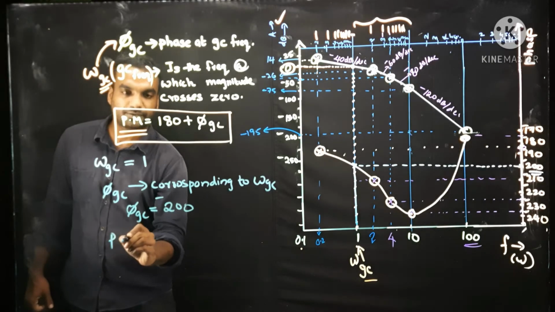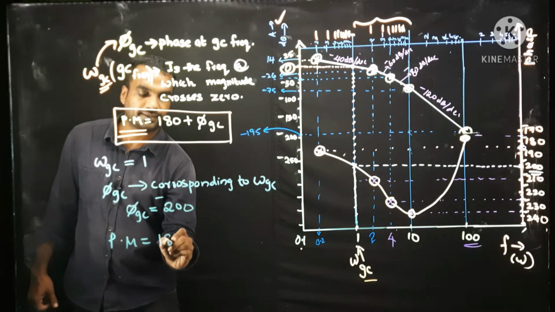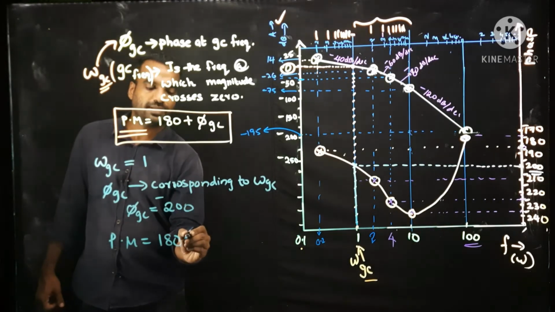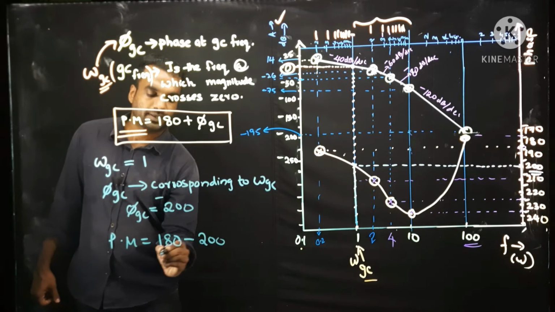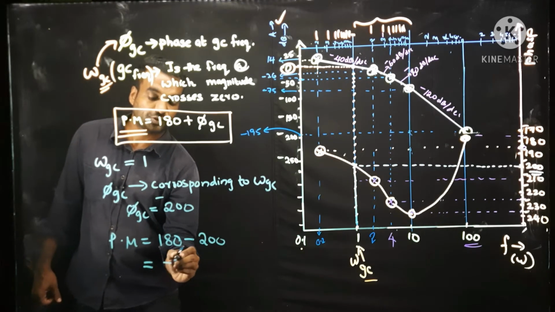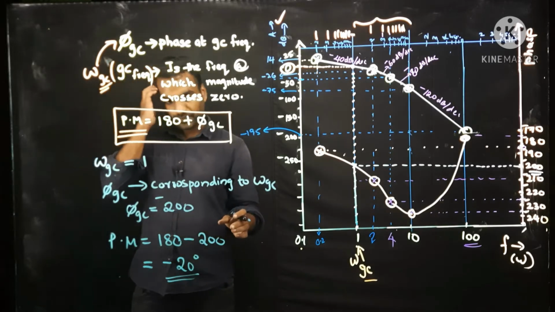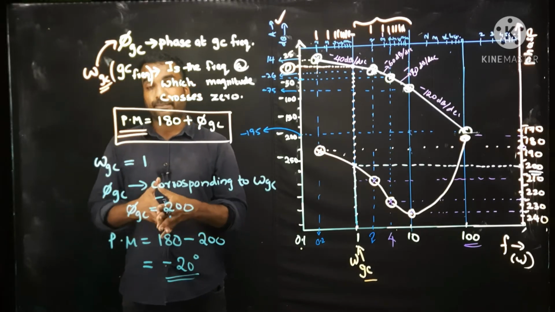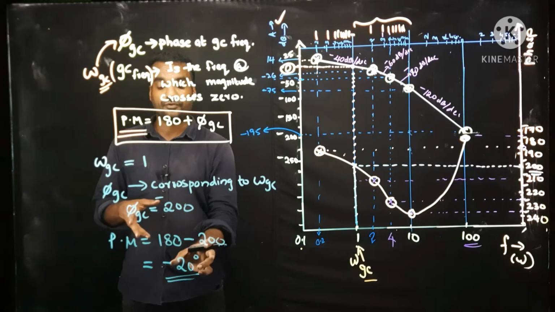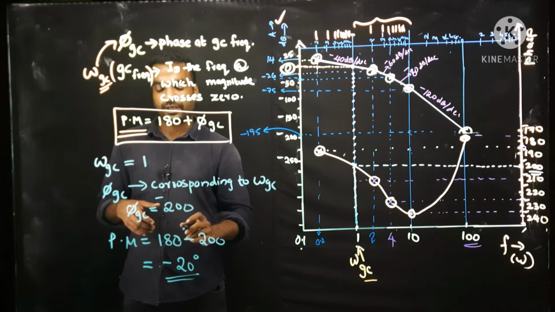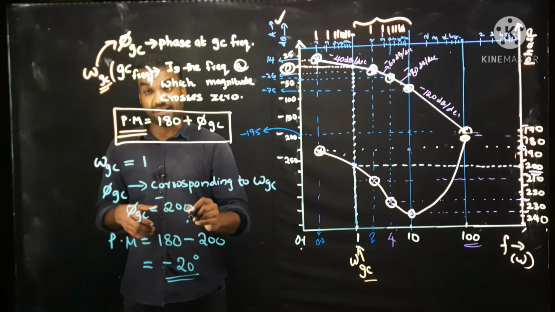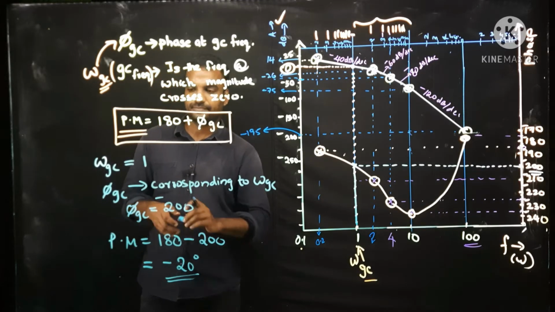Then phase margin is very easy: 180 plus phi GC, so 180 minus 200. The phase margin is minus 20 degree. Please note this value. We have some more important conclusions to make from it. Phase margin is negative, which is minus 20.